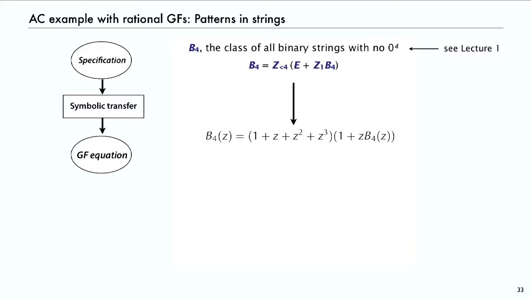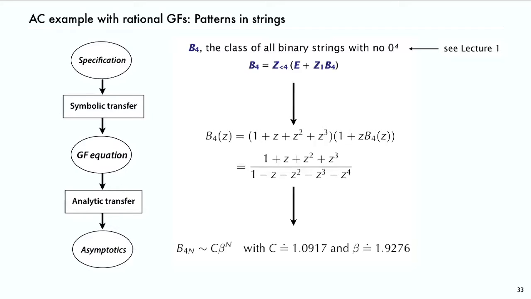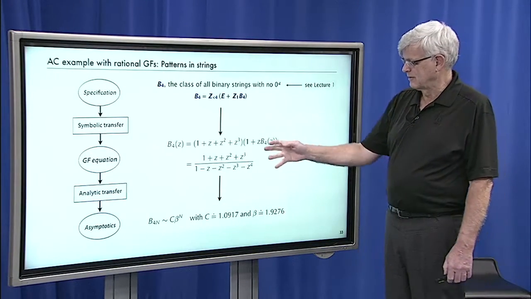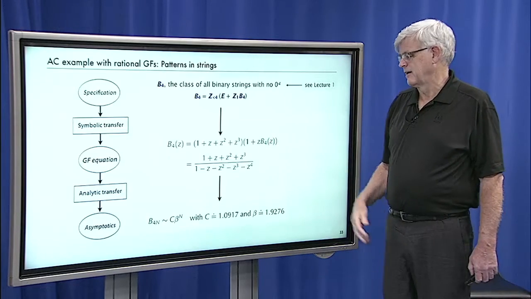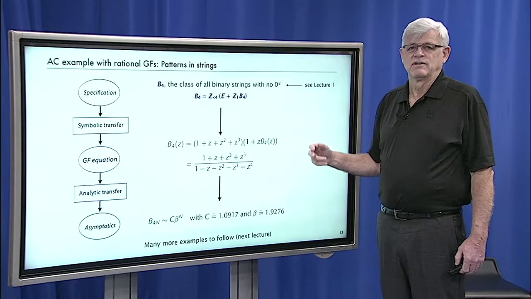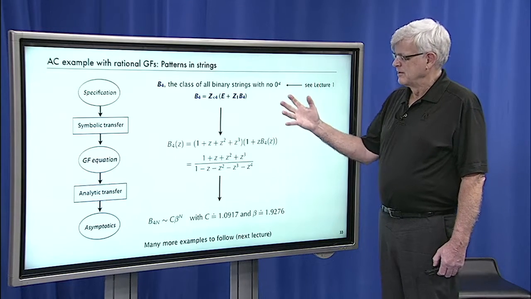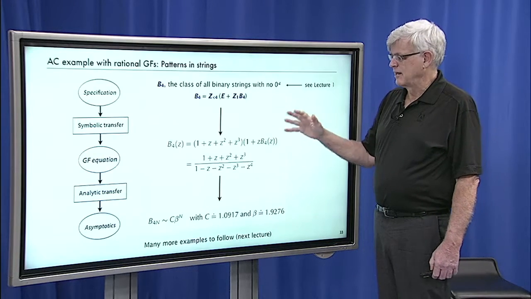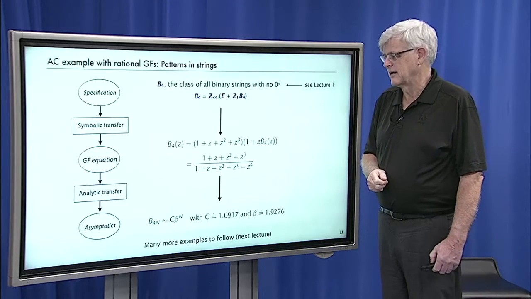That generating function equation, if we solve for B4, gives us the ratio of 2 polynomials. That's a rational function. Then we can apply the analytic transfer theorem for rational generating functions to immediately get the asymptotic result. Now we have to compute a root. There's a little bit of work. There's no avoiding that, but the actual math is just applying a transfer theorem. We're going to see many more examples of this in the next lecture. So rational generating functions, we know how to do analytic combinatorics. Next, we'll move on to the next more complicated kind of generating function.